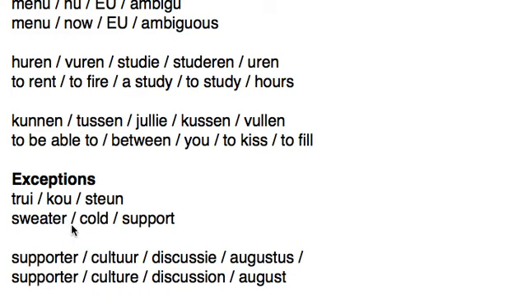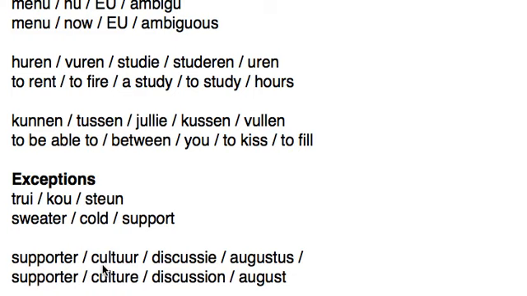All right, some others you use that are pronounced differently. For example, supporter is a long U, but there are two consonants and then there's a vowel, so why is the U long here? Well, yeah, that's just Dutch. Cultuur. Hey, we have two consonants here. So shouldn't this be a short U?